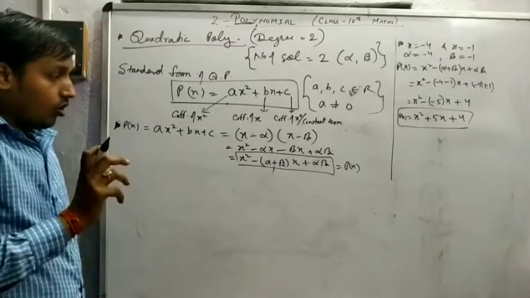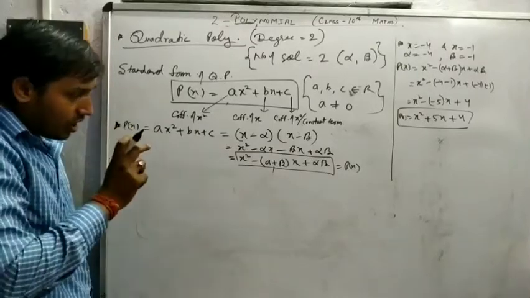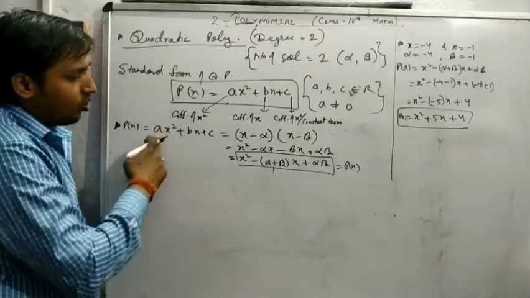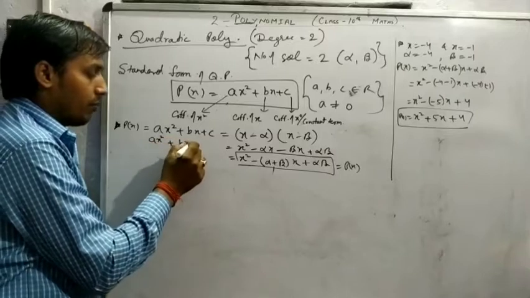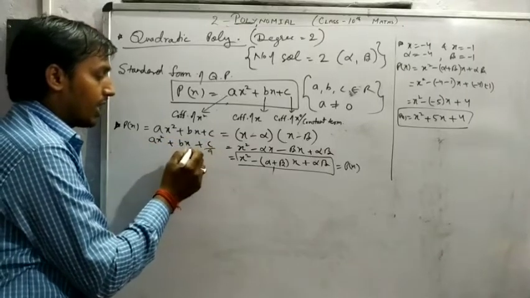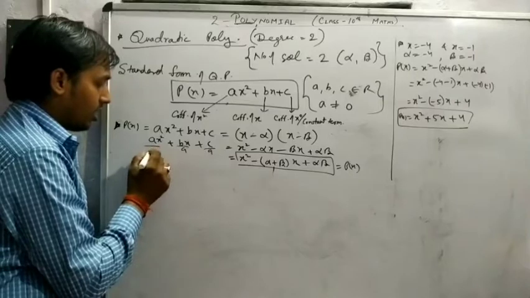So we have to convert it into the same form. If we divide whole terms by a, ax square plus bx plus c divided by a.